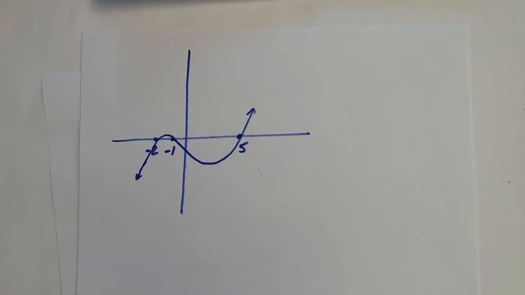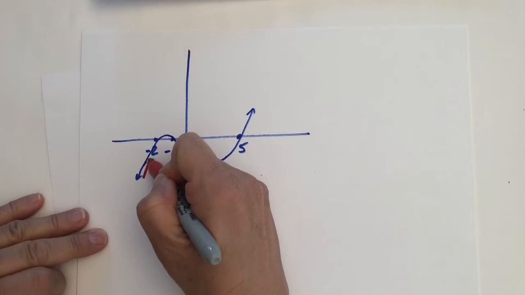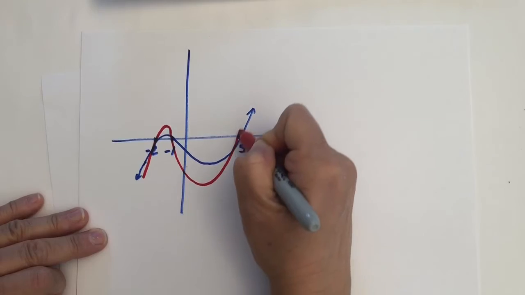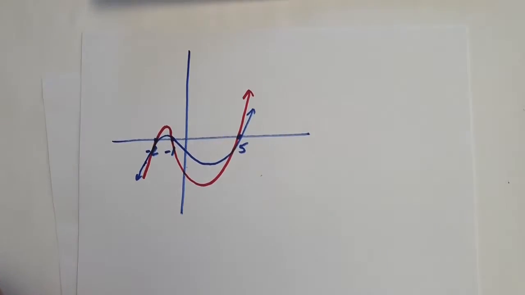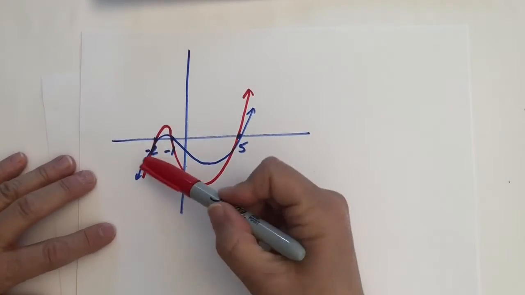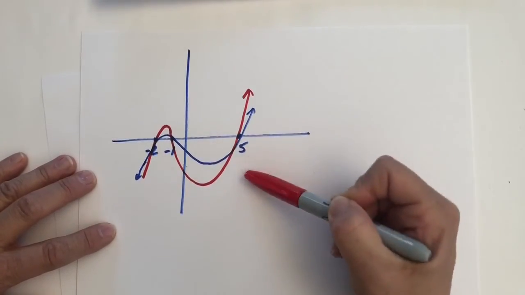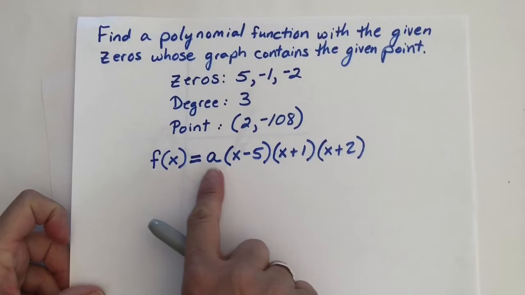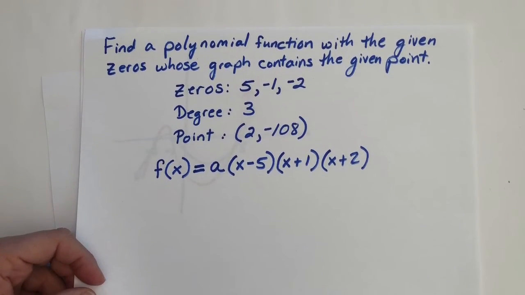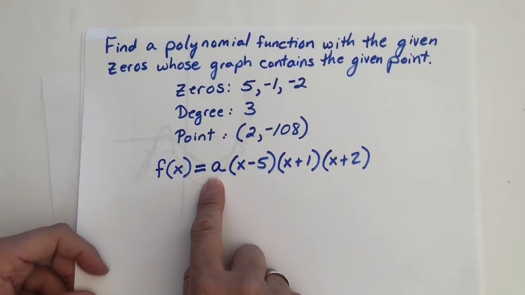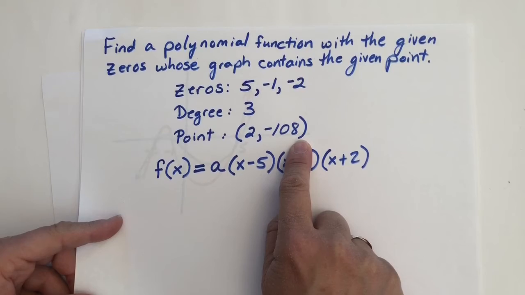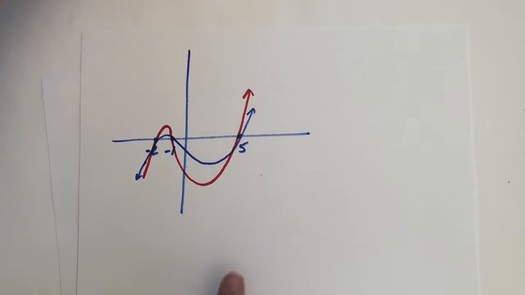Or maybe it looks like this. We just don't know how steep it is or how flat it is, or even if it's going the other way, because we don't know what this a is. So here's our task. We're to find the coefficient a that would allow the graph to go through the point (2, -108).